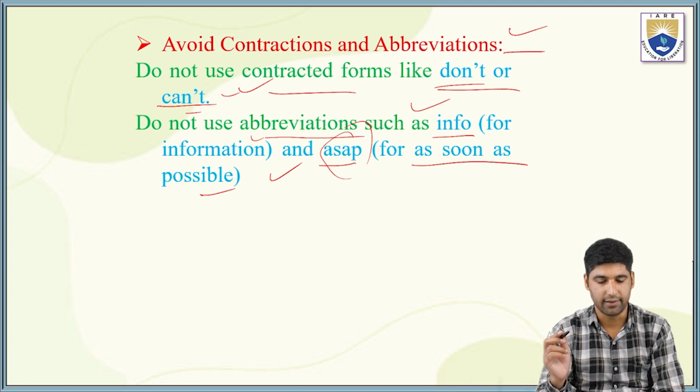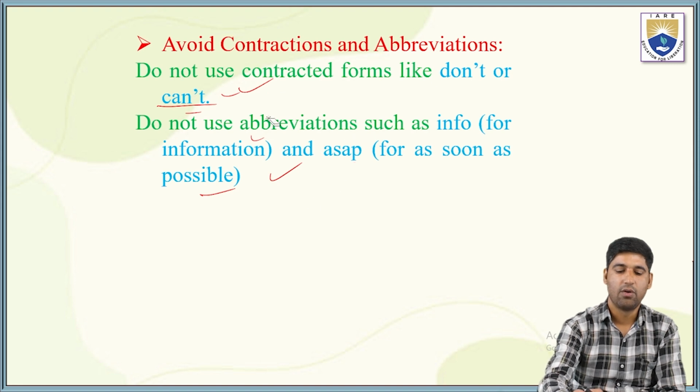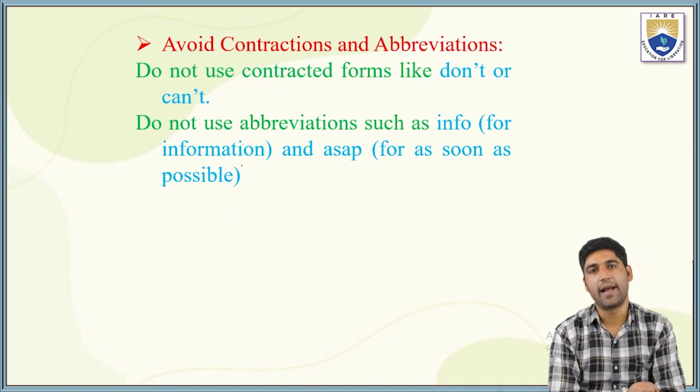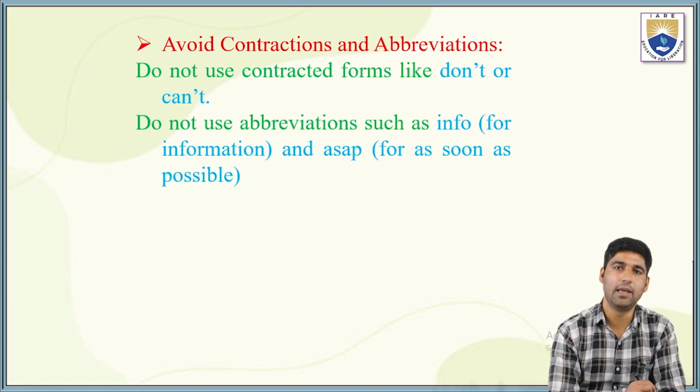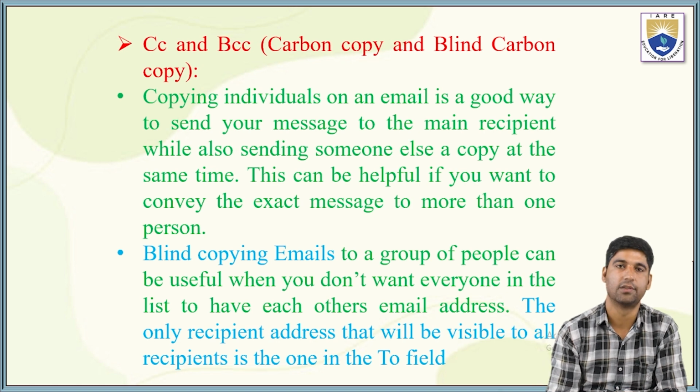So we should refrain from using contractions and abbreviations. Contractions and abbreviations may leave our emails faulty. People may not understand us. People may count our emails as faulty emails if we use contractions and abbreviations.